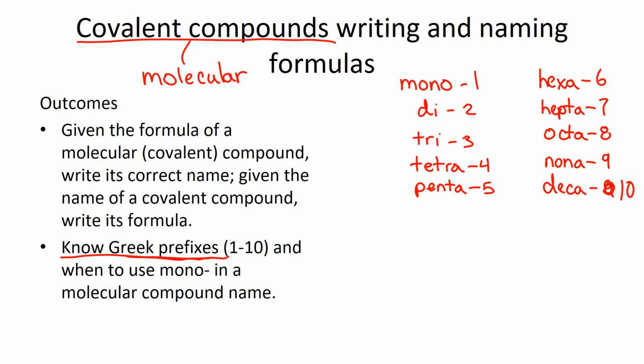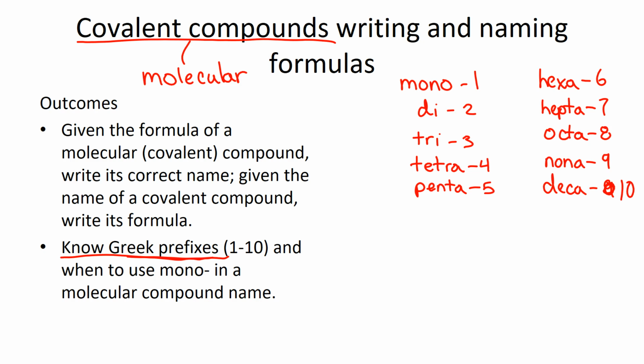None of the ones that I'll give you will be greater than 10, a subscript of 10 ever. So the prefixes that we use: mono is 1, di is 2, tri is 3, tetra is 4, penta is 5. If you think about your polygonal shapes, the names of those follow that. Hexa is 6, hepta is 7, octa is 8, nona is 9, and deca is 10.